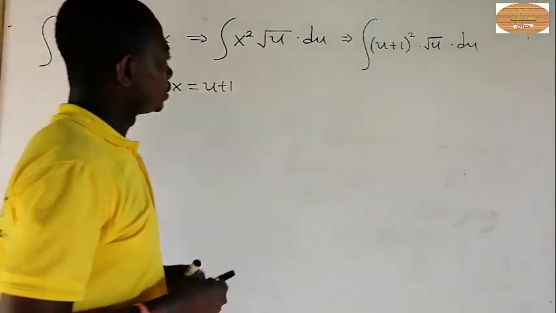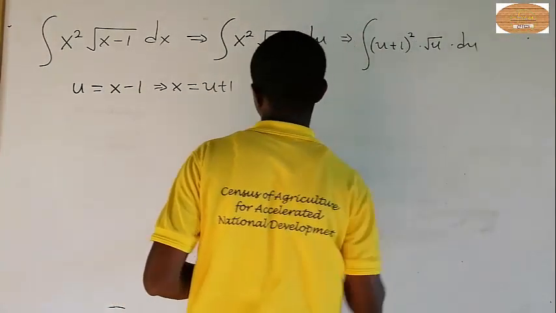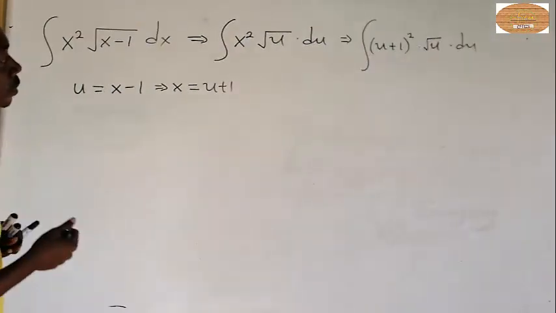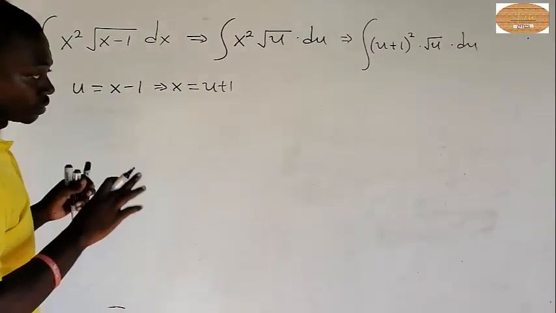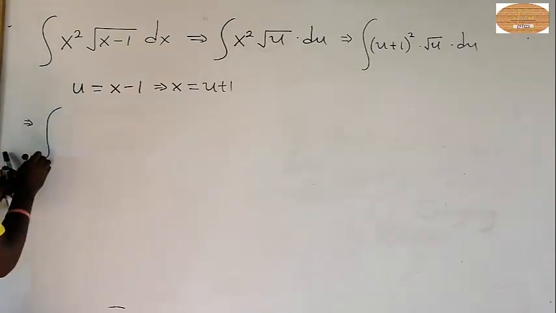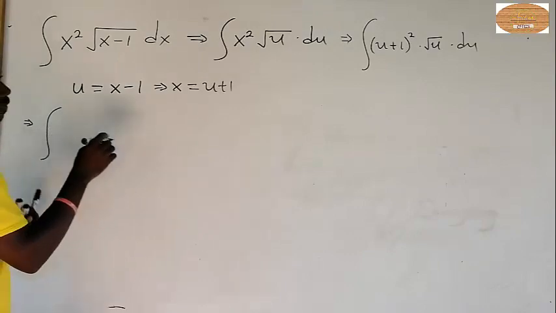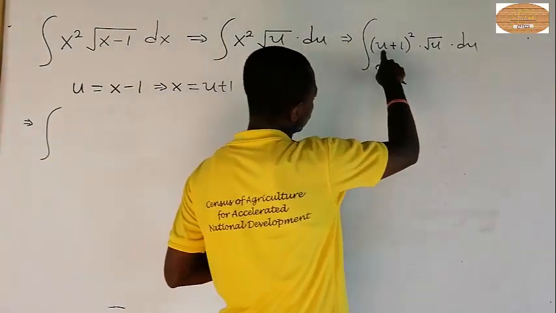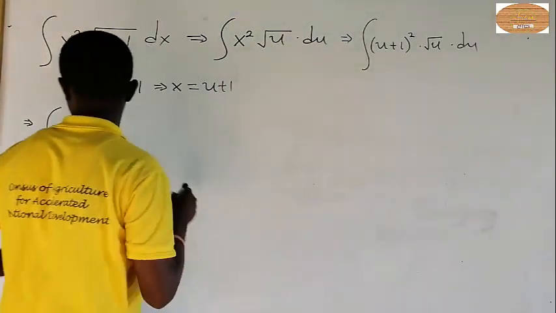So let's expand this, u plus 1 all squared. I'll first square u, so u squared.